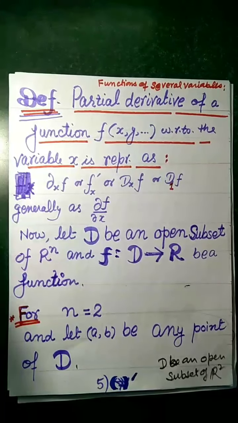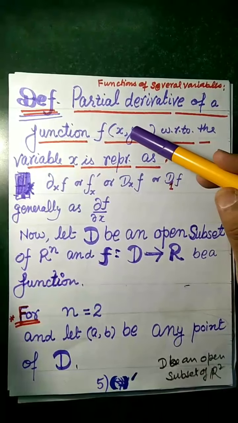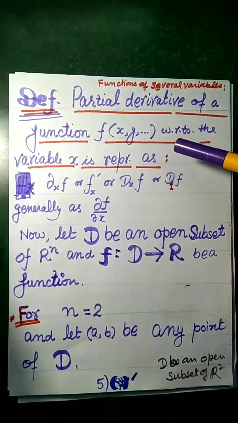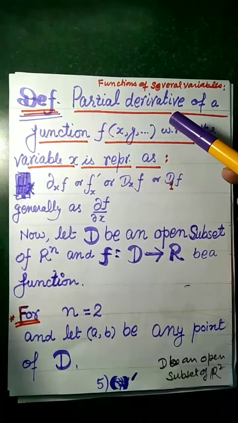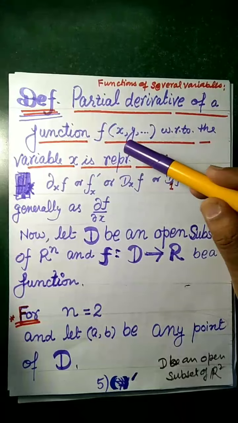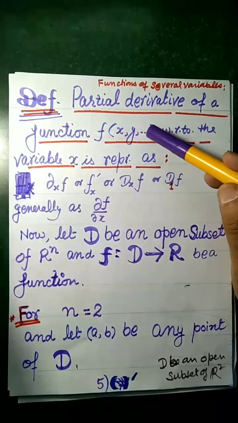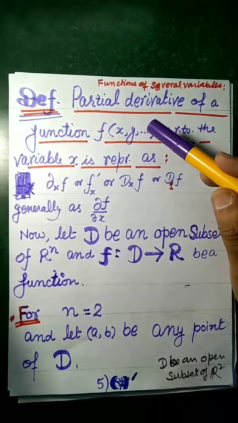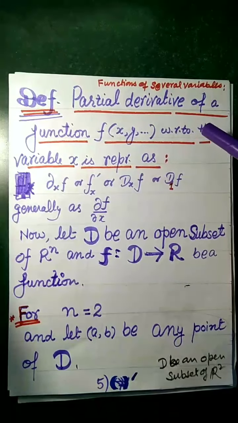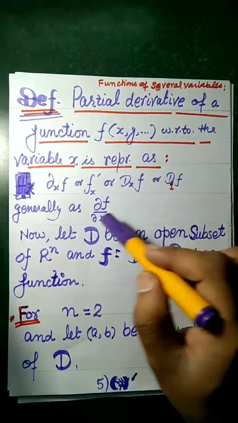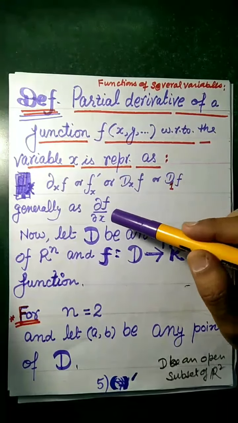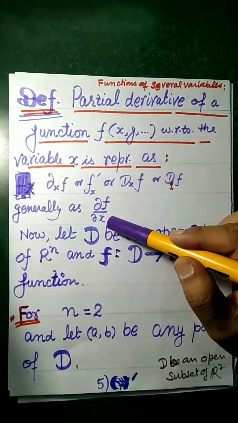Now let us consider partial derivatives of a function of more than one variable, a function containing x, y and so many variables, with respect to the variable x. The partial derivative of a function of more than one variable, a function of x, y, z, etc., with respect to the variable x is represented by any of these symbols, and generally we use del f del x.